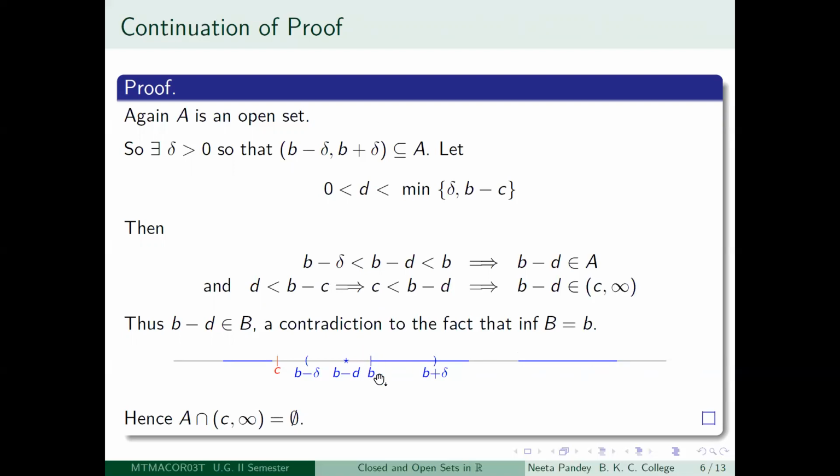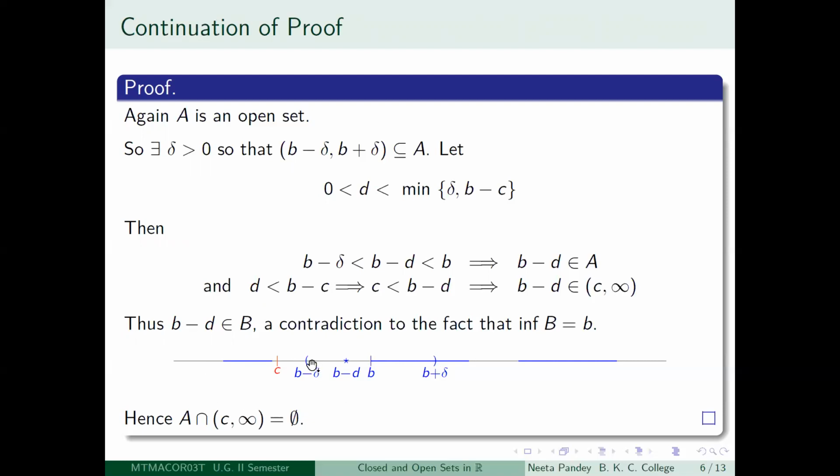Now what can you say about little b? Little b is in capital B means little b is in capital A. And we had also assumed that capital A is an open set. So we should be able to get a delta neighborhood of b which is totally a subset of A. Right? So we should be able to get an open set b minus delta to b plus delta contained in A. The way I have drawn it, b minus delta is greater than C, but that is not necessary. b minus delta could be somewhere here also.